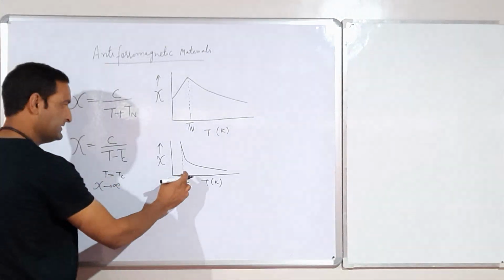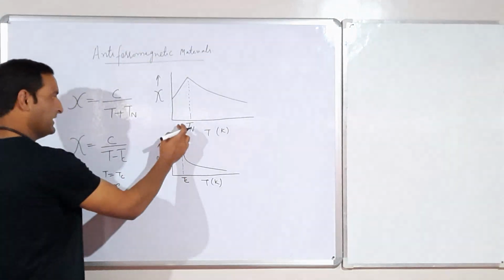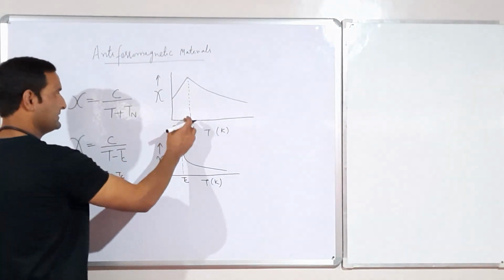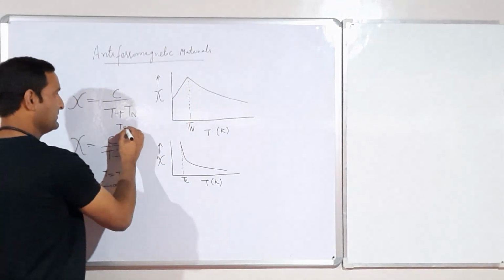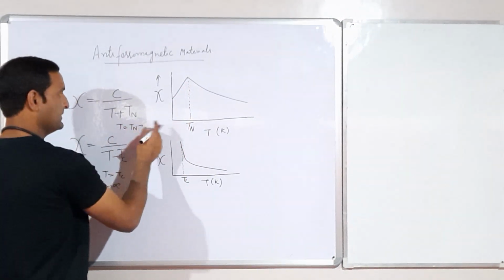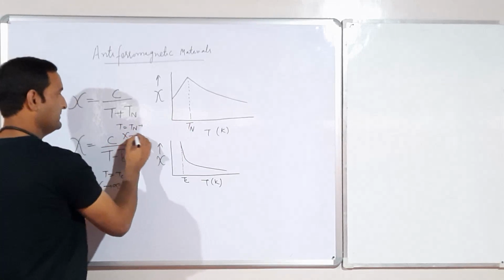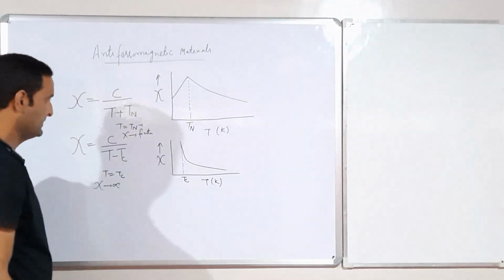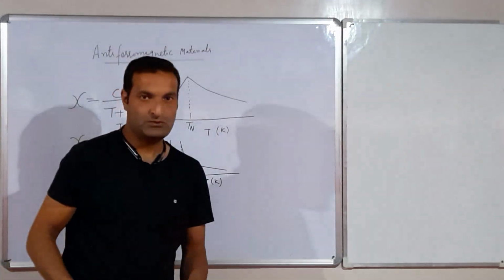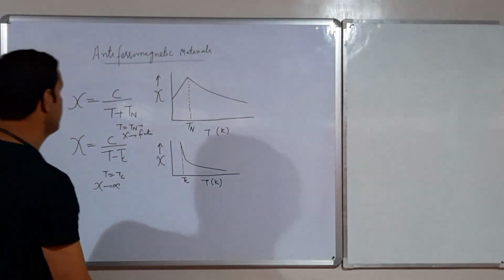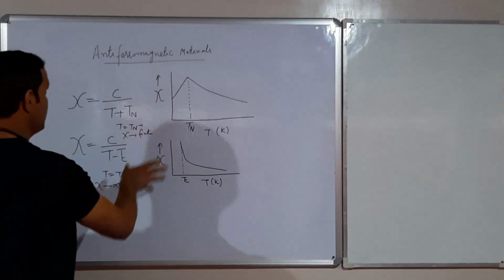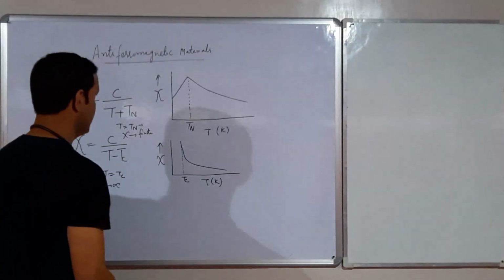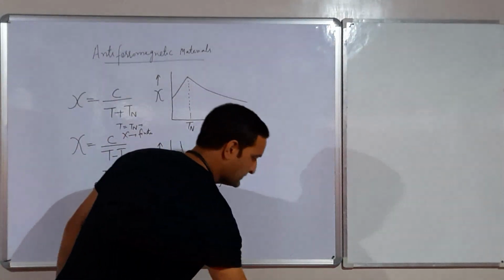So at Tc, chi will be infinite. Here in this case, if T equals Tn, chi will be finite.